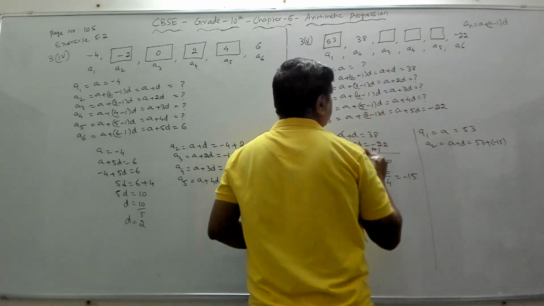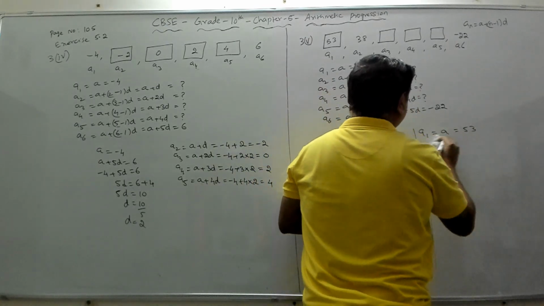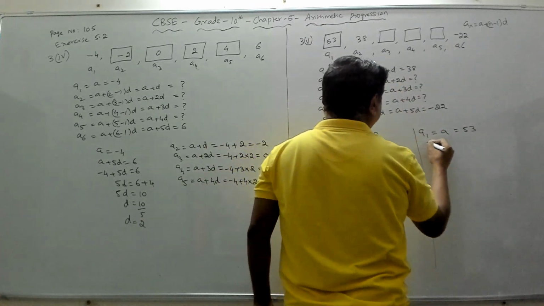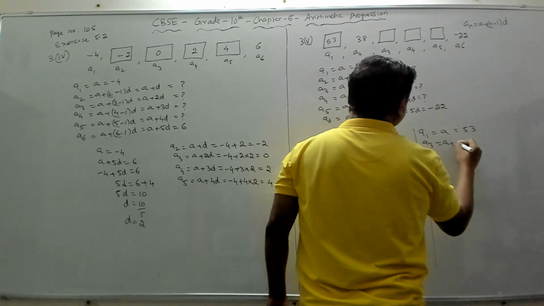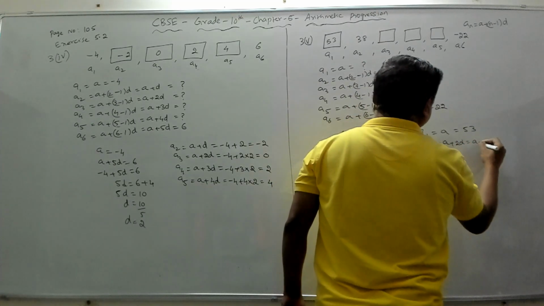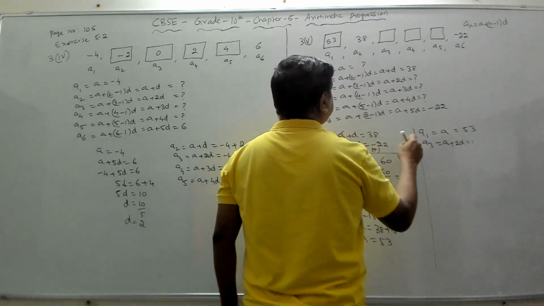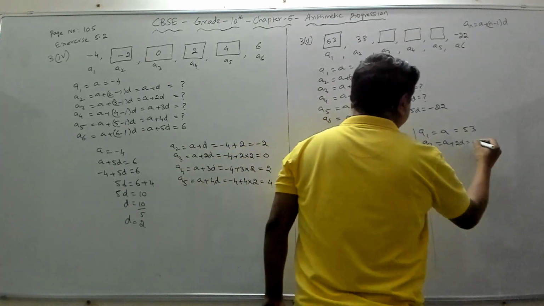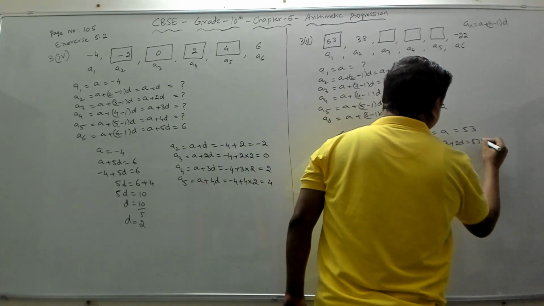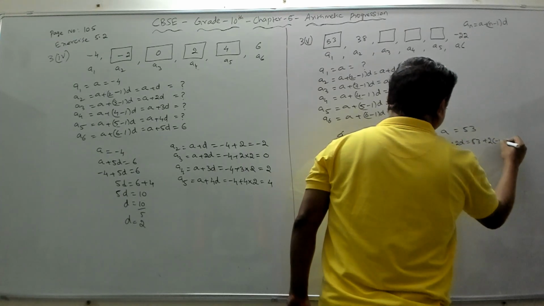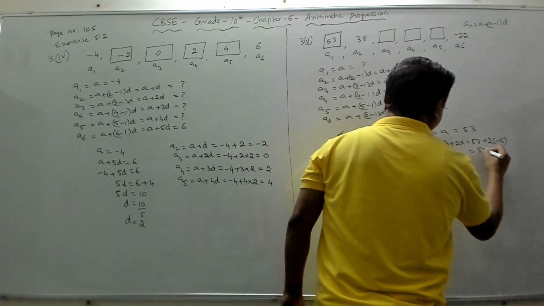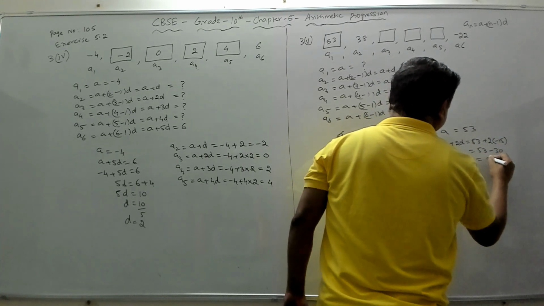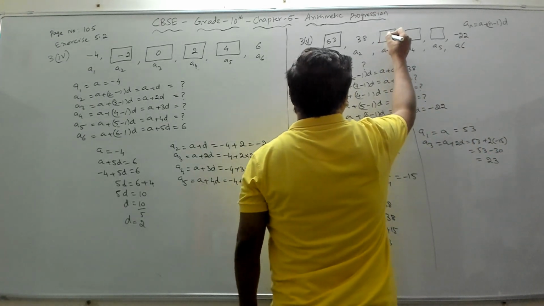Okay, A2 is already given. We need not find A2, this is already known. We have to find A3. A3 is A plus 2D, that is 53 plus 2 into minus 15. So that gives you 53 minus 30, which is 23. So this is 23.